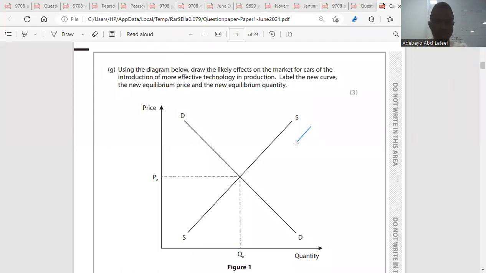At that point, we're going to have a fall in price from equilibrium price PE to P1, and then a new equilibrium quantity at Q1.